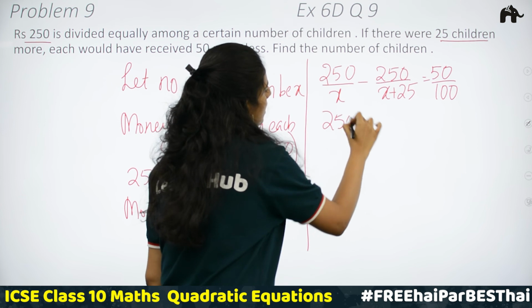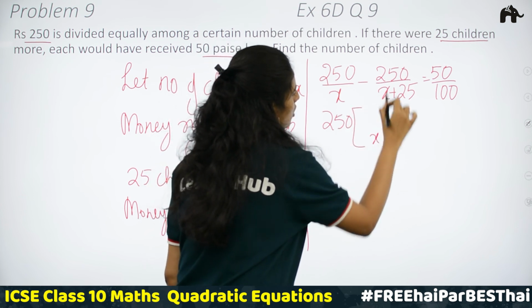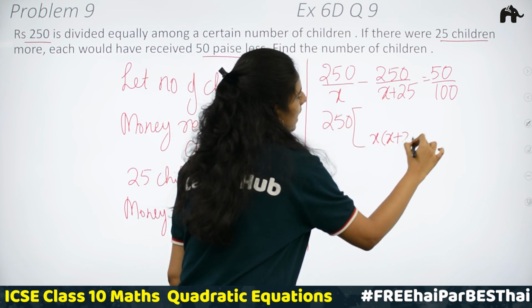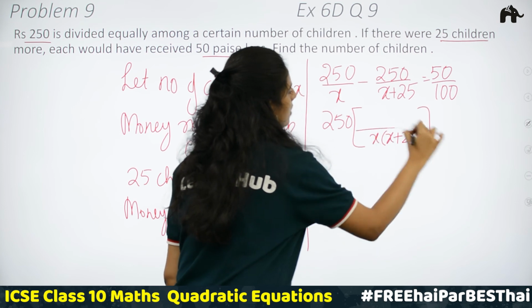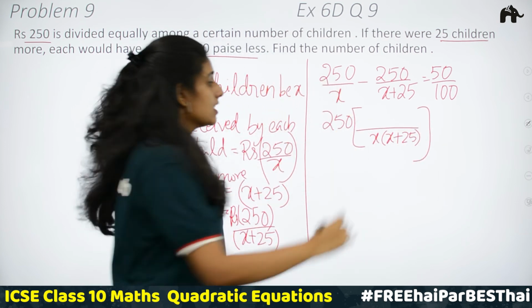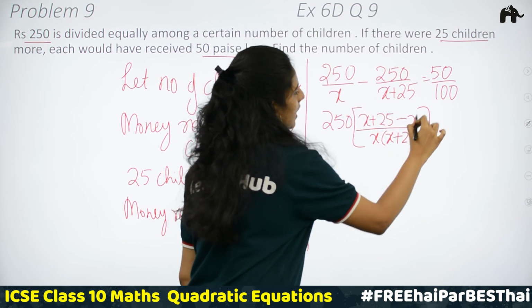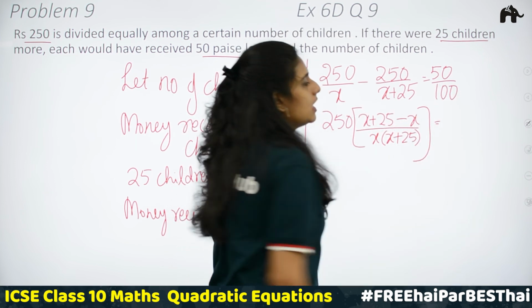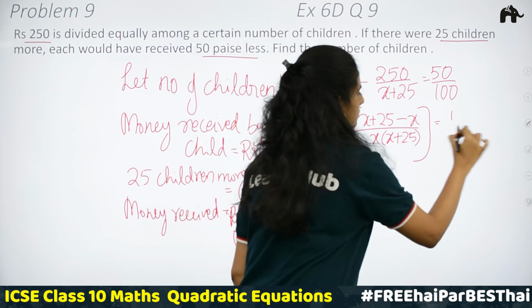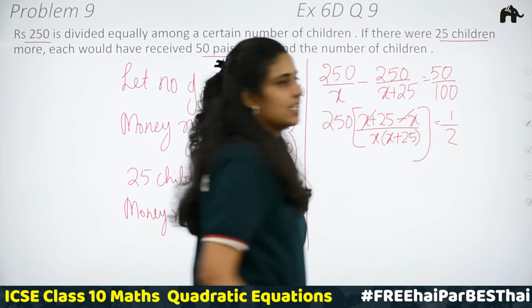250 is common. Taking out, here in the denominator we get x into x plus 25. This part x plus 25 minus this one x is equal to 50 by 100, that is 1 by 2. X and minus x gets cancelled.